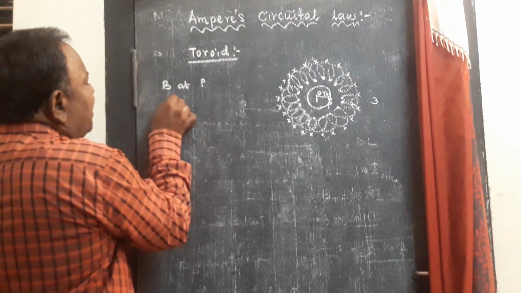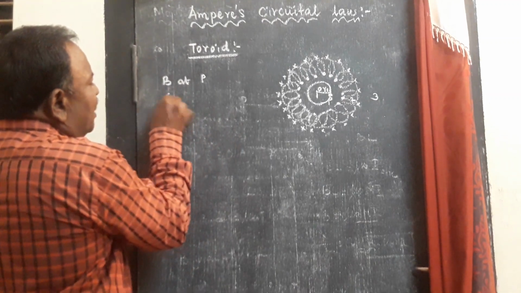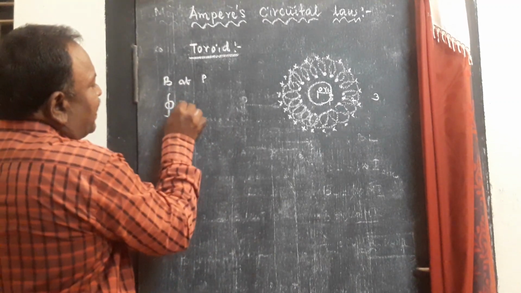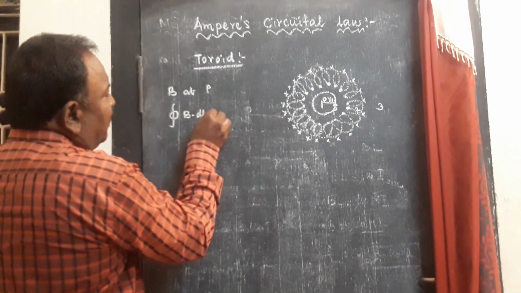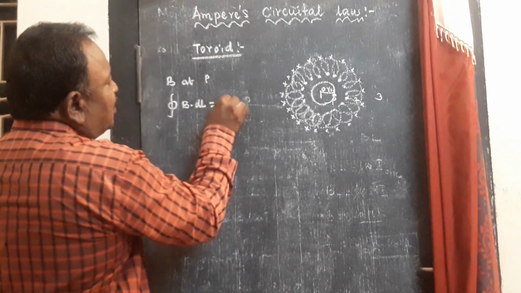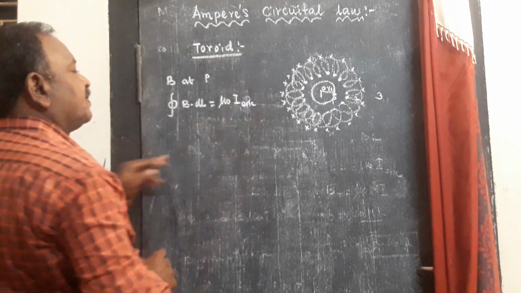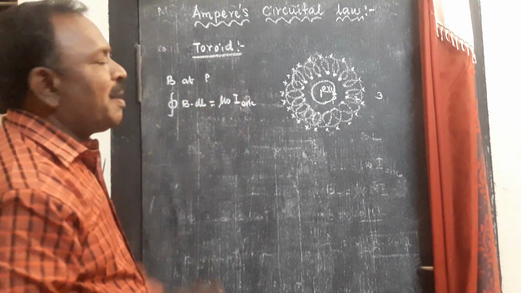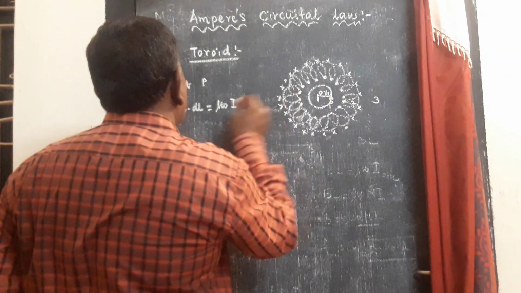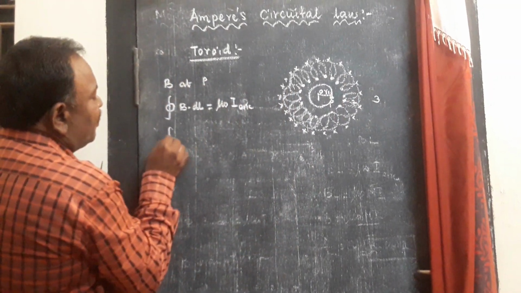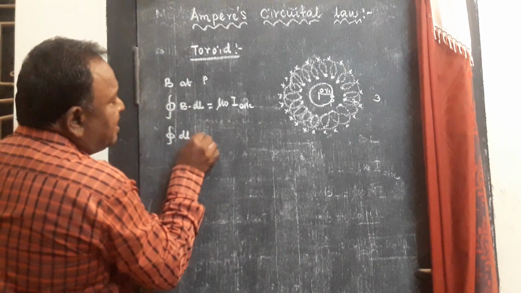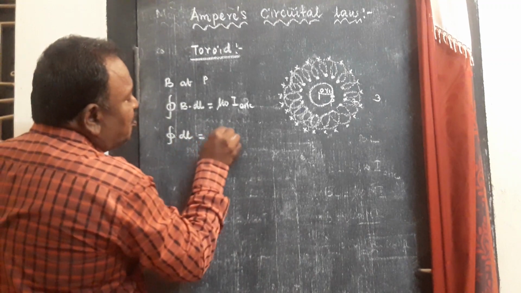When we apply Ampere's circuital law, closed integral B dot dl is equal to mu naught into I enclosed, the current enclosed by the Amperian loop. So this is the Amperian loop. You will have closed integral dl equal to 2 pi R1.